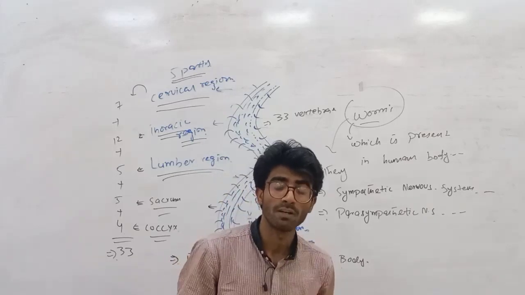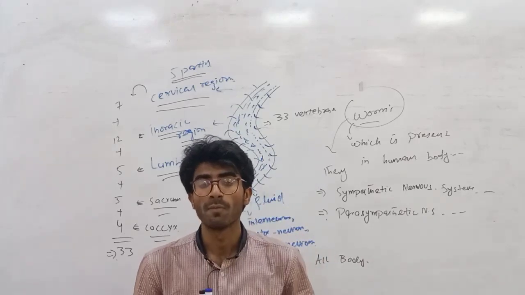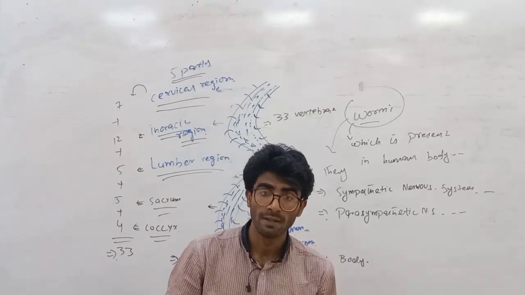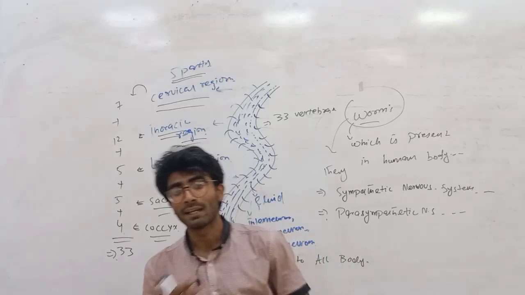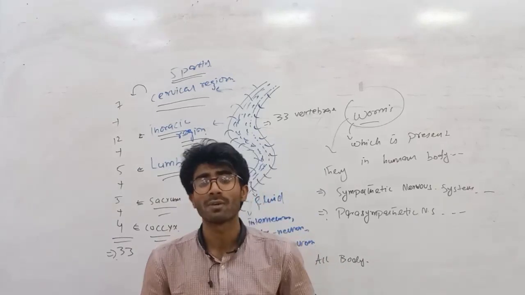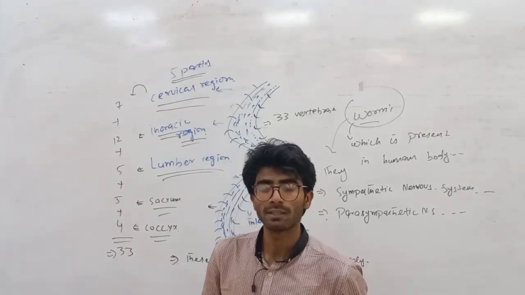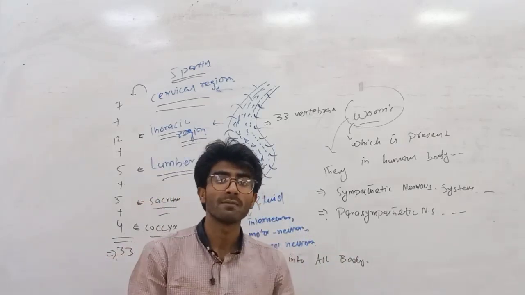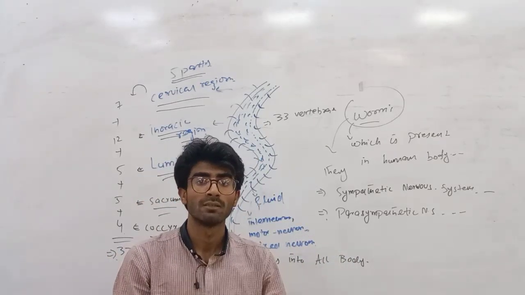Obviously, the vertebral column is helpful for movement of the human body. If we are moving upward, downward, or in any direction, it's due to the vertebral column. If you have a defect in the vertebral column, it is impossible to survive in a normal condition.